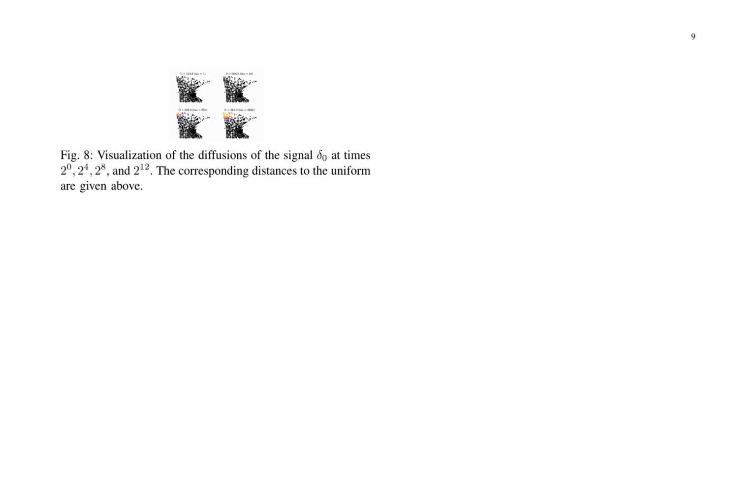As time advances, the signal begins to spread out and become more evenly distributed across the space, reaching a near-uniform state by time 2^12. This transformation suggests that the system undergoes a process of homogenization, where the initial non-uniform signal becomes increasingly uniform over time. This could be indicative of the system's ability to self-regulate and achieve equilibrium.